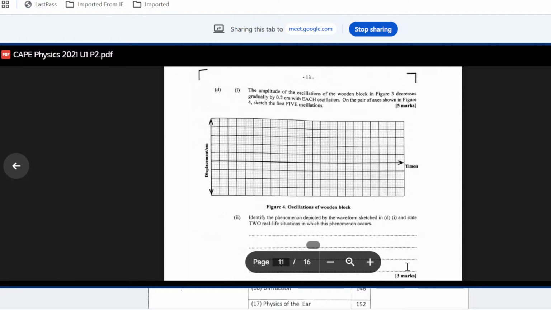It's 5 marks. It should look like the damping diagram. The max amplitude should be 2.0, and the amplitude should be getting less and less. And then you just repeat that 5 times.